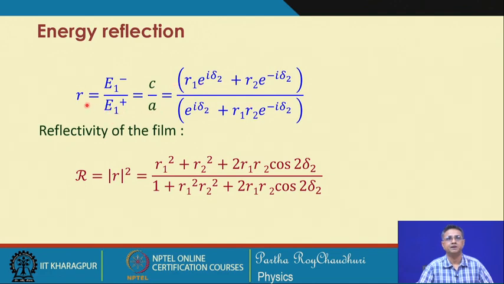So, this equation will give me the energy reflection, that is the reflectivity, which will be the mod squared of this amplitude reflection coefficient, and this can be written in this form.